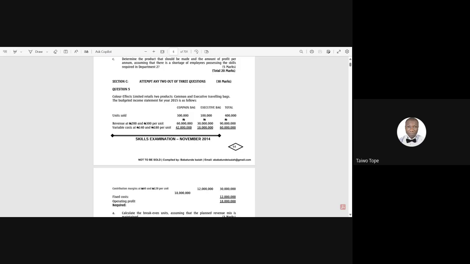So this is question 5. Can somebody read? As you read, don't just read, read with understanding. As the person is reading, every other person, read likewise. Try and make meaning from what is on the screen.